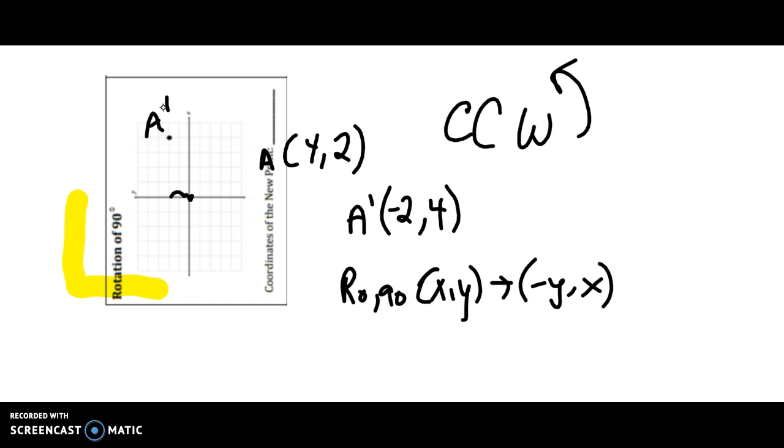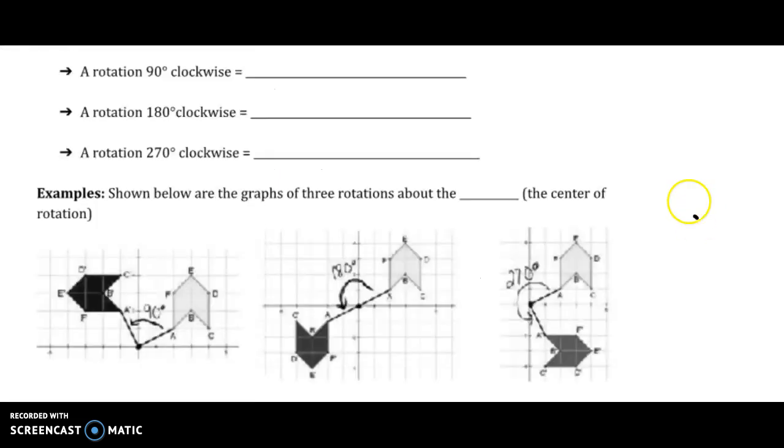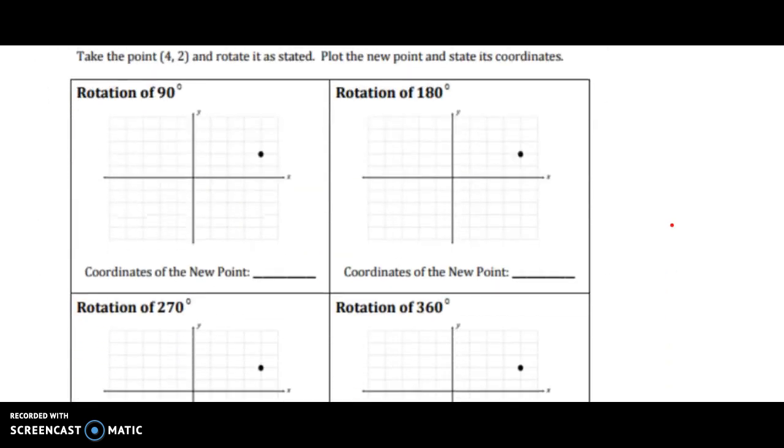And then I can apply that to all the other ones. Or I can just write down what all the new points would be. So let's go back to the note sheet for a second. And we know that this is going to be -2, comma 4, which is up here. So there's A prime.